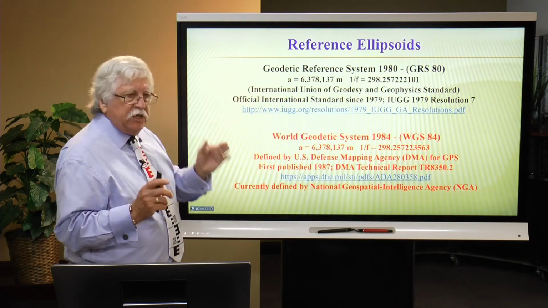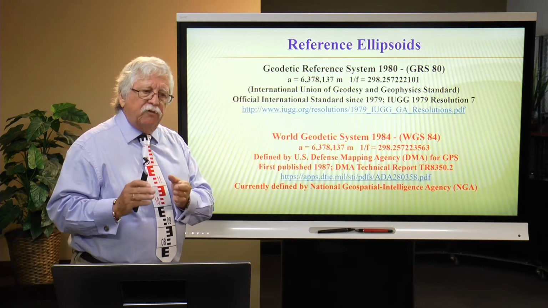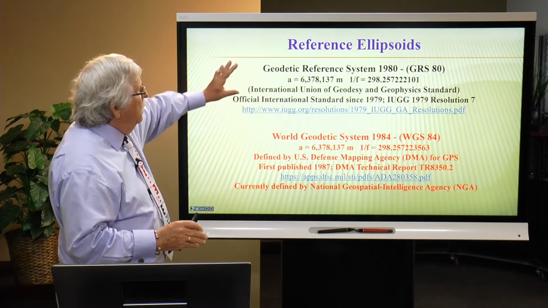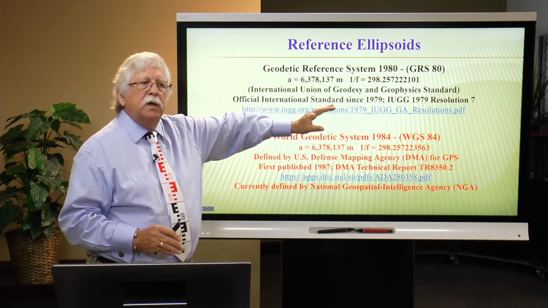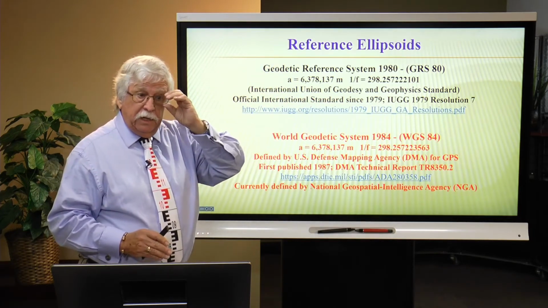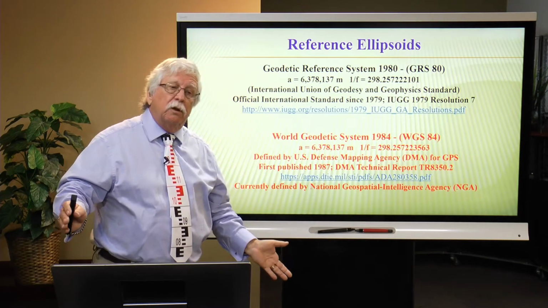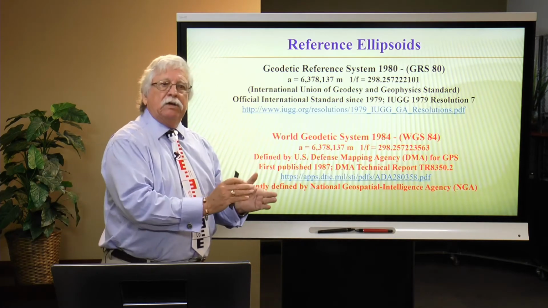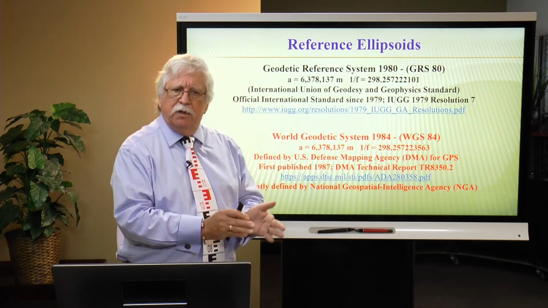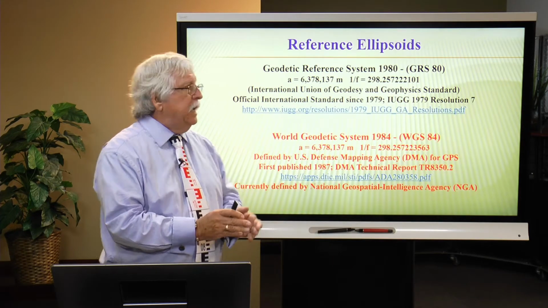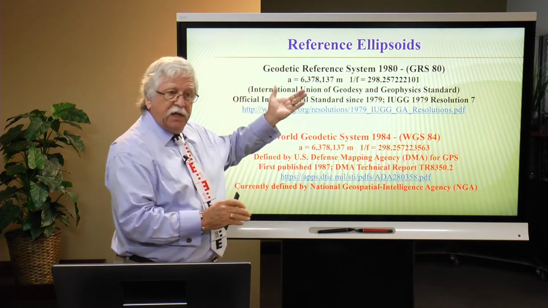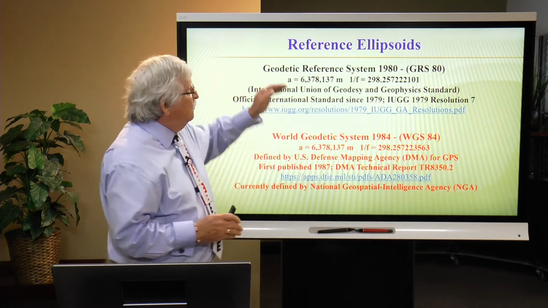So the Geodetic Reference System 1980, this is the reference ellipse used not only by the United States for NAD83, but many other countries around the world. So it is not unique to North America, to the United States and Canada. Right? It is not the datum, it is the reference ellipse, and its size and shape.